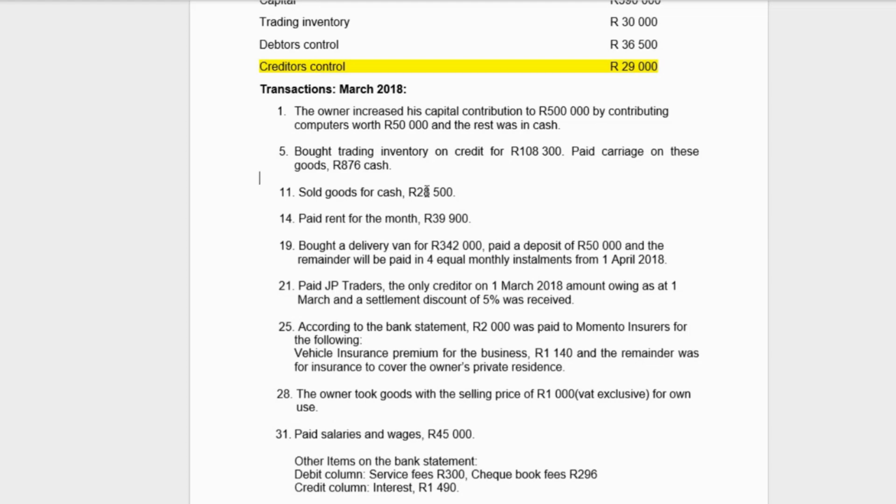Okay, so now we are going to the general journal. How do we record this transaction? Number one, we are going to record the sales transaction, the transaction of selling. Then we will come and account for cost of sales after.